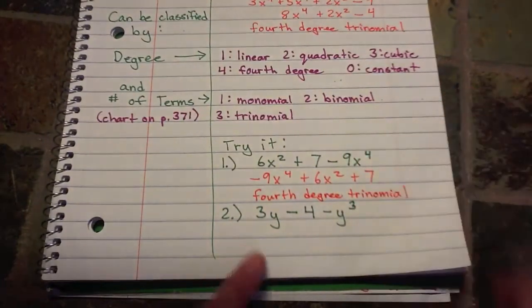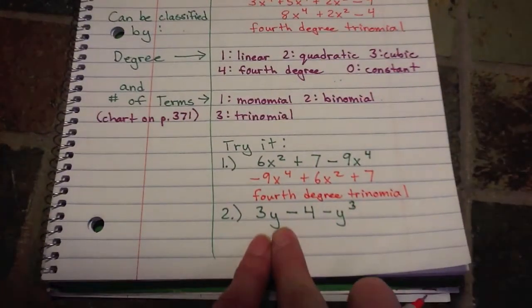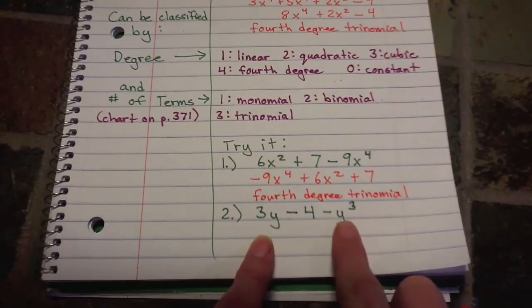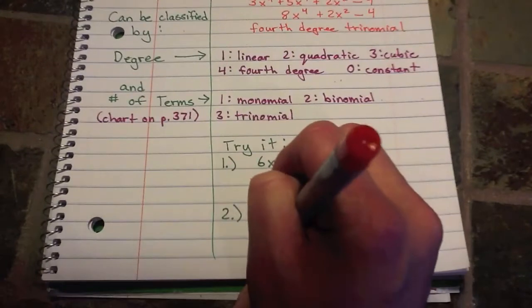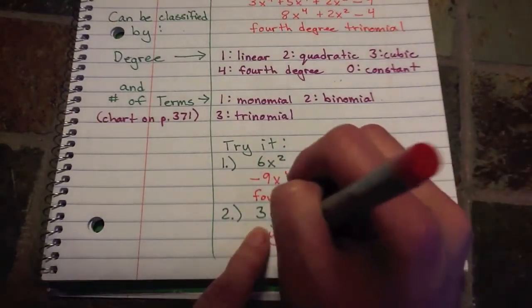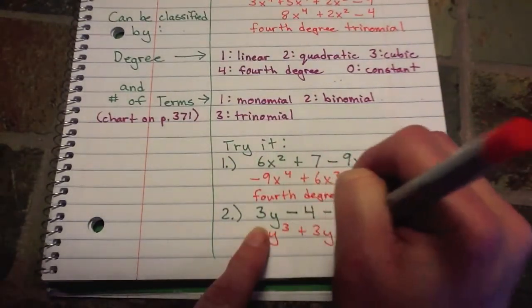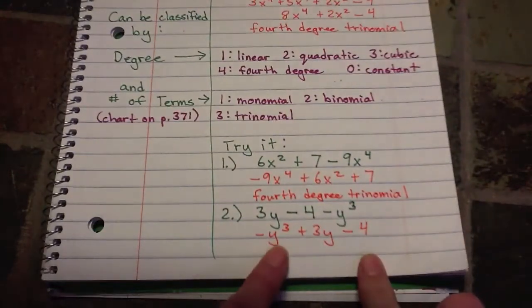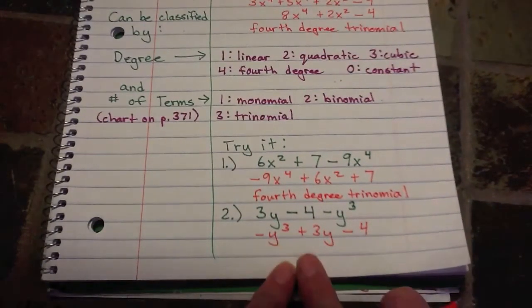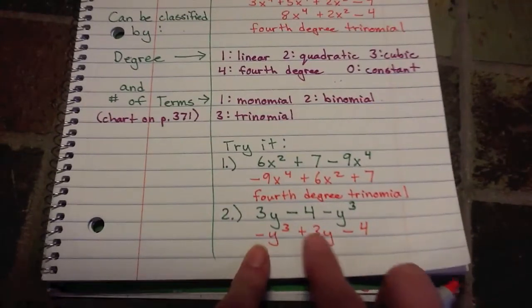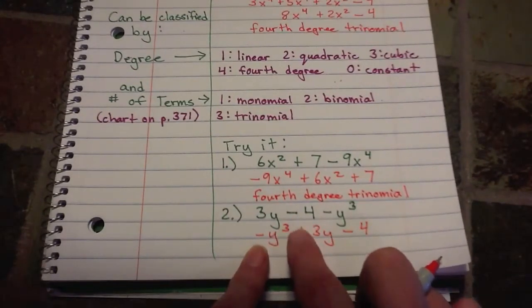Now let's try the next one. Degree of 1, degree of 0, degree of 3. 3 goes first, so a negative y to the 3rd, then plus 3y, and then subtracting 4. Now I have it in order, 3, 1, 0. I have 3 terms, highest degree 3.